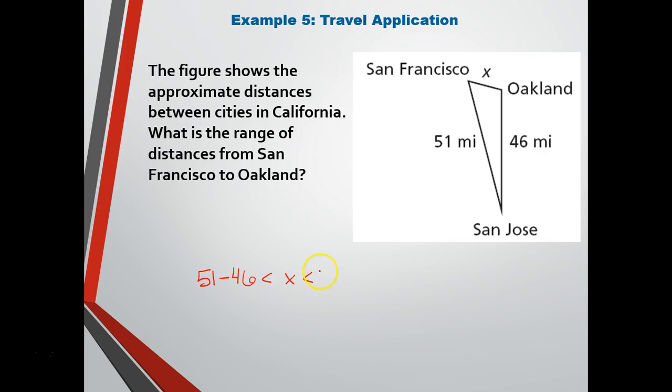And the largest amount is going to be 51 plus 46. Okay, so this one is going to end up being 5. And this one 97. And there is our solution.